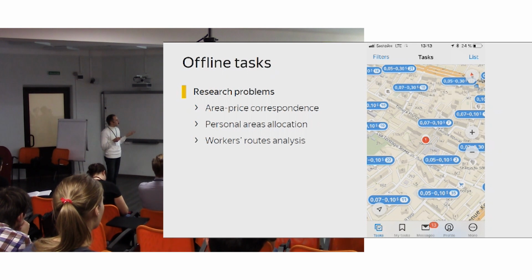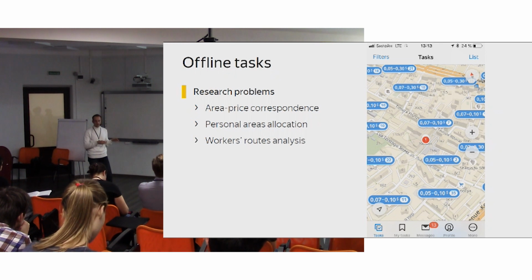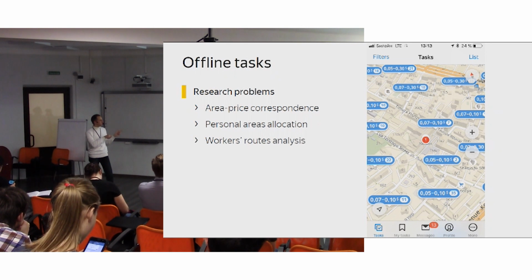For example, we need to make sure that every organization that we have on our maps really does exist. And so the majority of tasks for pedestrians are, please go to this organization and photograph it and send us your photo. There are some other tasks, but this one forms the majority.